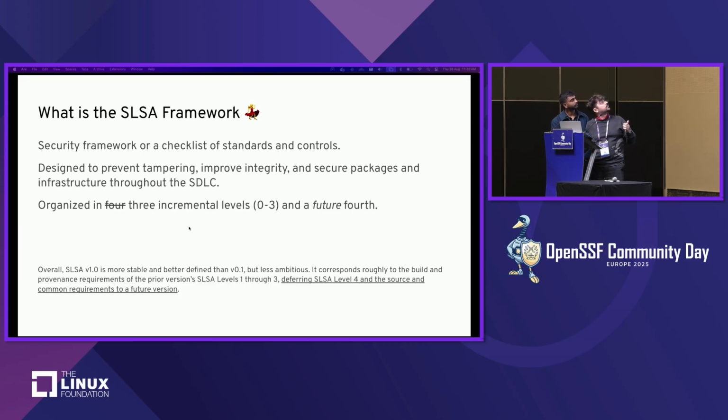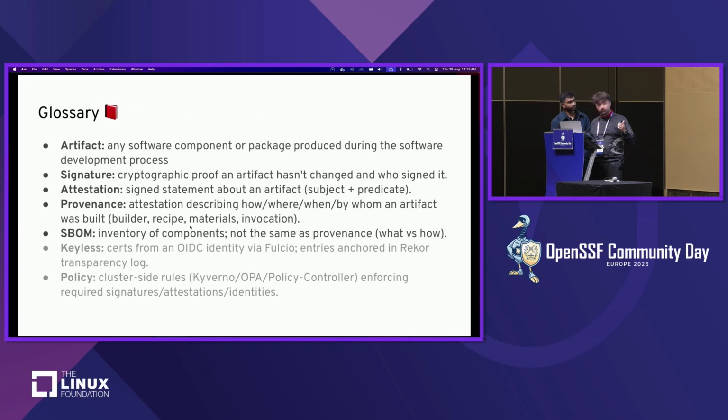All right, so we'll also define a bit of words to make sure we all talk about the same thing. So in the rest of the talk, we'll talk about artifacts, which are any software, any packages, anything that was generated, built by your system.